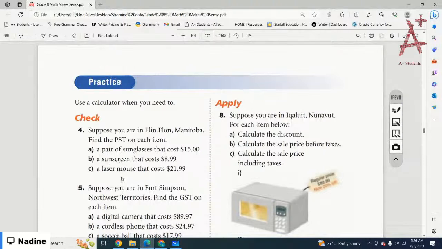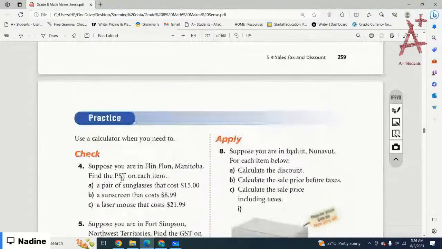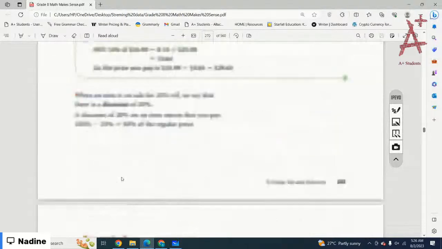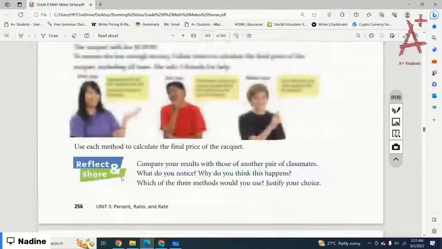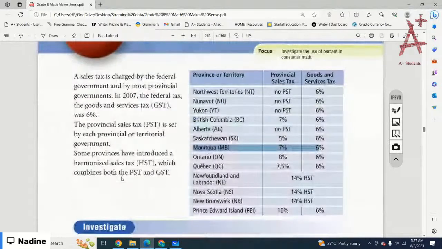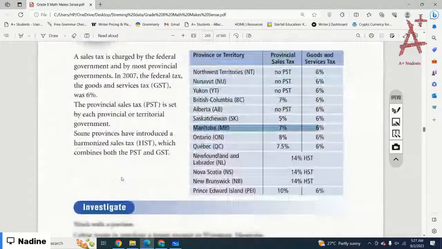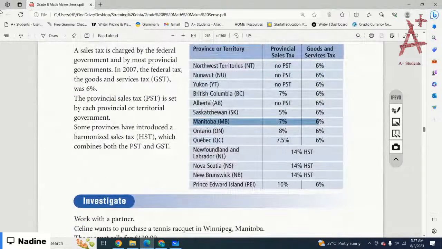Okay, let's just start with question number 5. Suppose you are in Fort Simpson, Northwest Territories. Find the GST on each item. Okay, let's see in Fort Simpson what is the value of GST. In Northwest Territories, you have no PST.